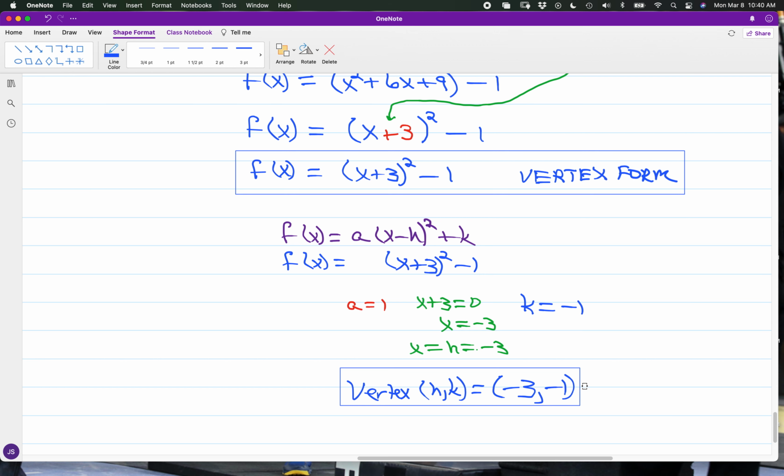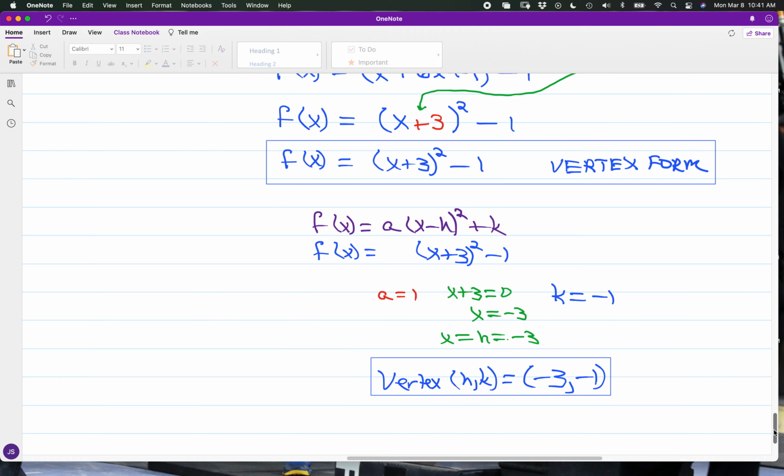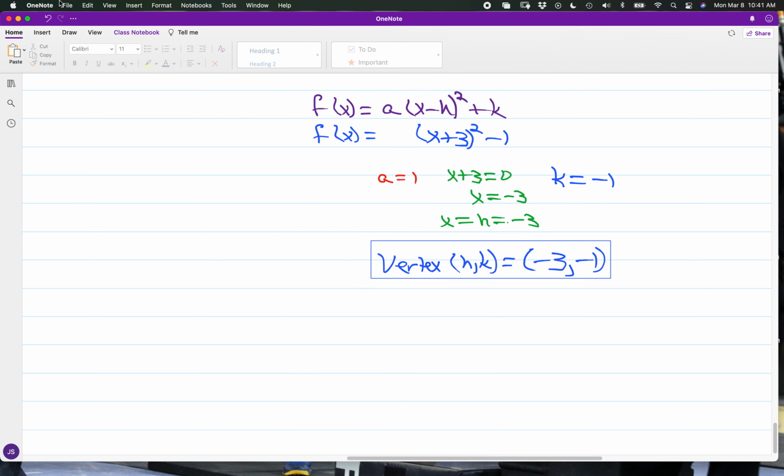So for this function, we converted from its standard form to the vertex form. And now, I'm just going to give you a quick case here.